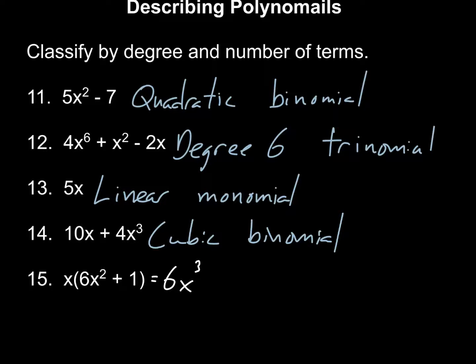And then I'm going to do x times 1. That is x. So this is then what I'm categorizing. I have 6x cubed plus x. Well, highest exponent here, the degree is 3, so that is cubic. There are 2 terms here, so that makes it a binomial. So this one is also a cubic binomial.